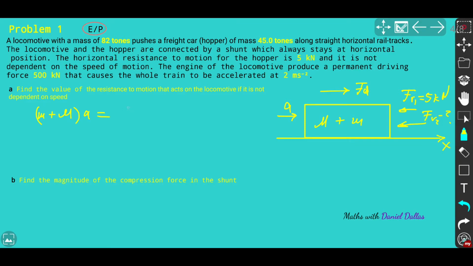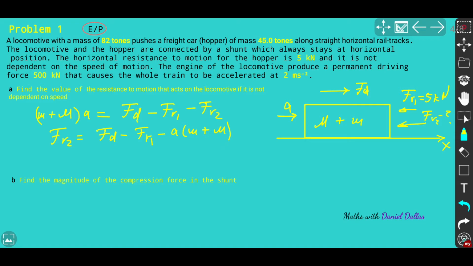So I'll get driving force minus Fr1 and minus Fr2, from where I can express Fr2 with no problem. It's going to be F driving force minus Fr1 minus a times m plus m. This is going to be much easier and it took just 2 minutes to go through, after you've got a complete understanding of what's happening.